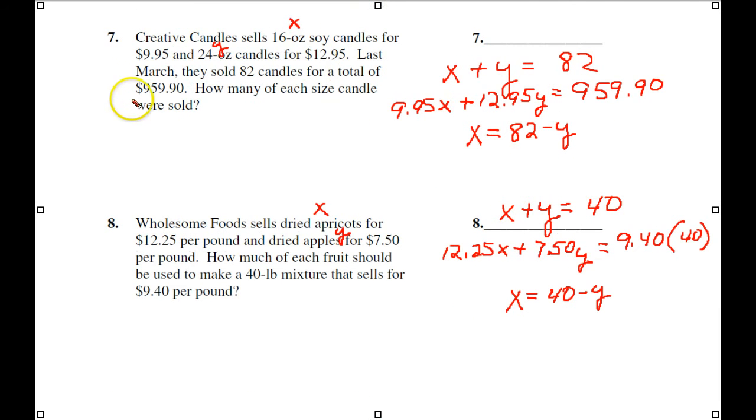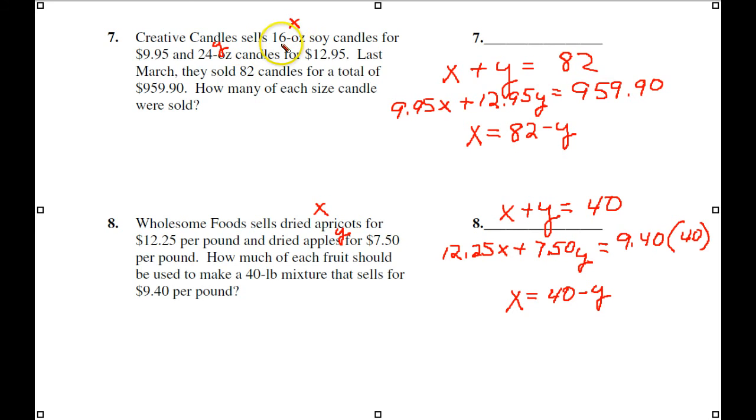All right, you'll notice that examples 7 and 8 follow a pattern that we've set up. So here we have two types of candles, a 16-ounce candle and a 24-ounce candle. Now, if they were different letters, candle is C, so you can't use the C's.